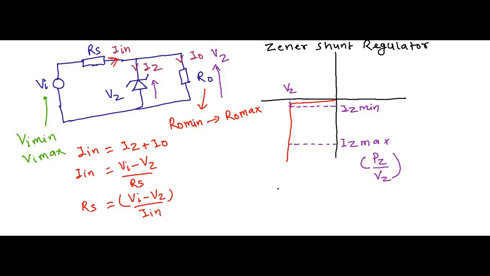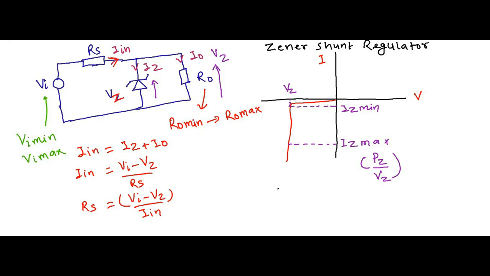Let us first understand the Zener breakdown characteristics. So let us say Zener works in a breakdown region. If you apply the reverse voltage across the Zener diode, and as soon as your voltage reaches the Zener voltage, that is Vz, the Zener diode goes into the breakdown region, and the current starts flowing through it.